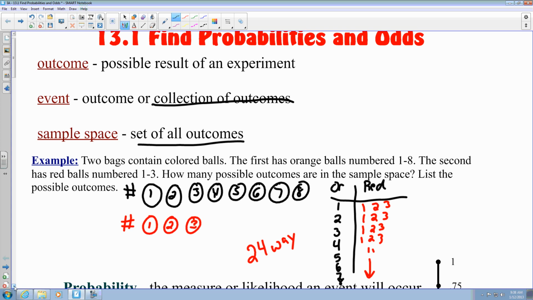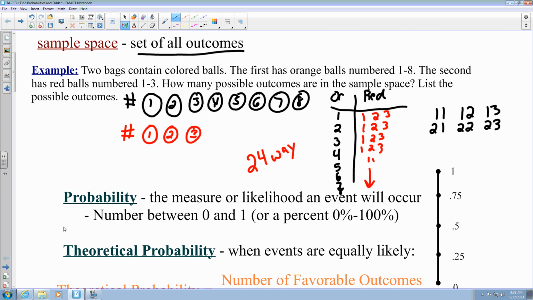I could select orange ball 1, red ball 1, orange ball 1, red ball 2, orange ball 1, red ball 3. Then you could go orange ball 2, red ball 1, orange ball 2, red ball 2, and orange ball 2, red ball 3. And you do that all the way down to orange ball 8. You'd still get 24 possible ways in your sample set.